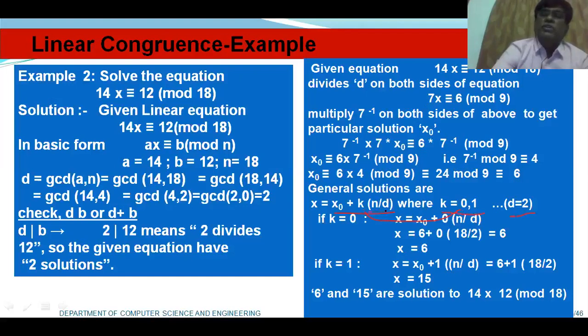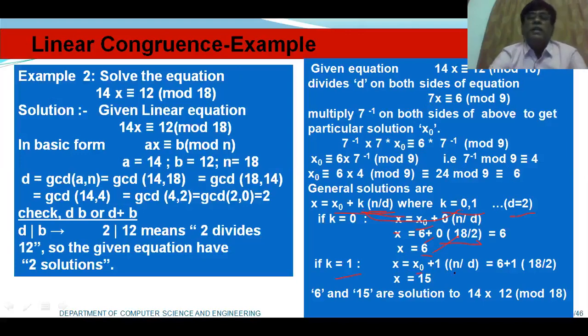If k is equal to 0, x equal to x naught, that means 6 plus 0 into something, 0, is equal to 6. If k is equal to 1, x equal to x naught plus 1 into n by d.